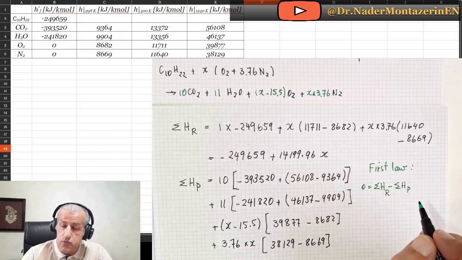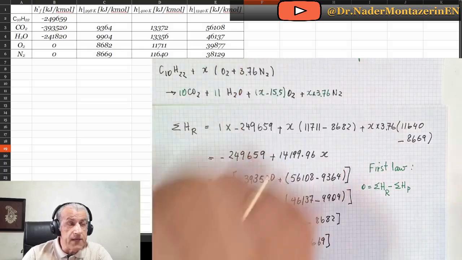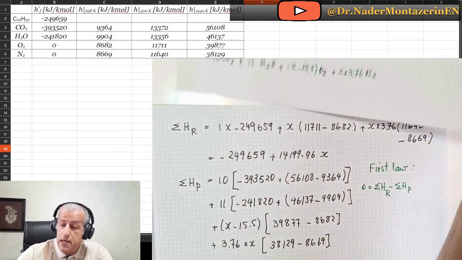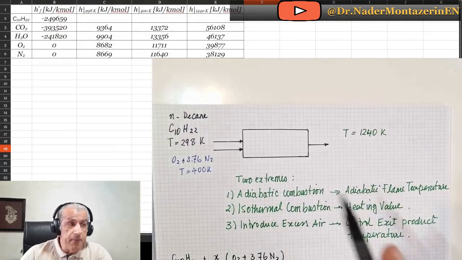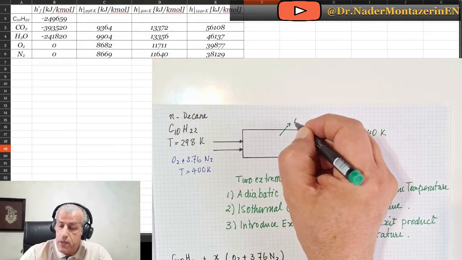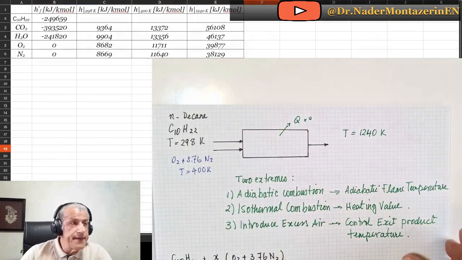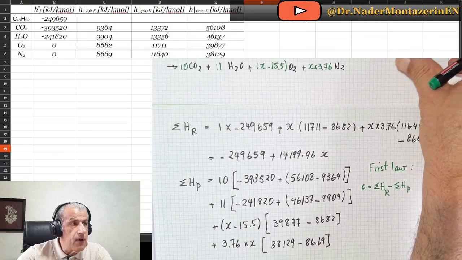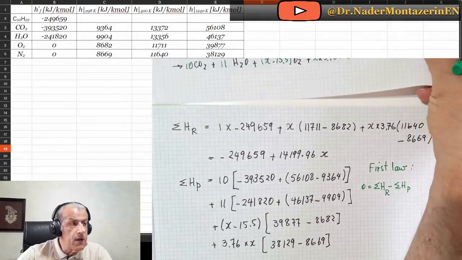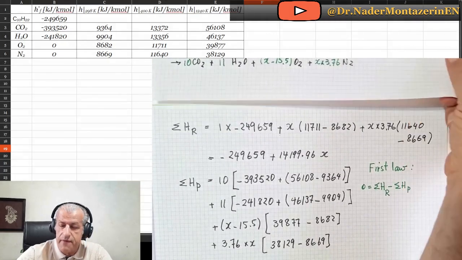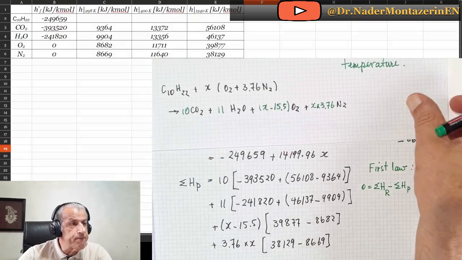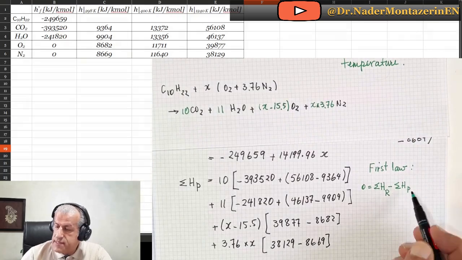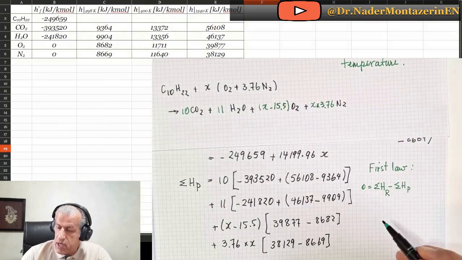Now we assume this combustion to be adiabatic, that is Q equals 0, and there is no work involved, and therefore altogether, there is no heat, there is no work, so sigma HR equals sigma HP.